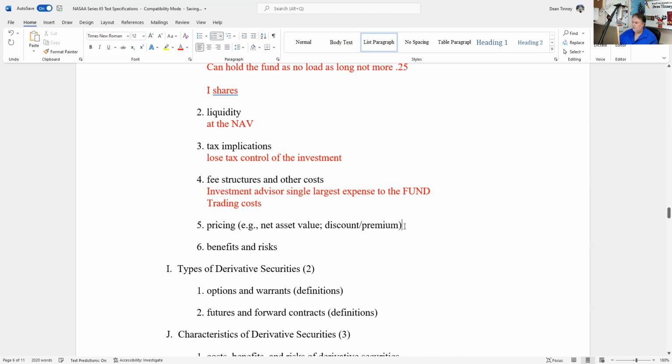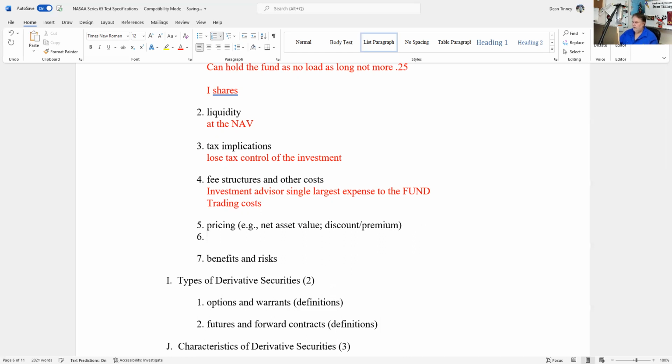We talked about pricing. We said this pricing comes up as a test question, about making sure you can distinguish between NAV, and the NAV would be for open-end funds, whether they be loaded or no load. Open end is no load.